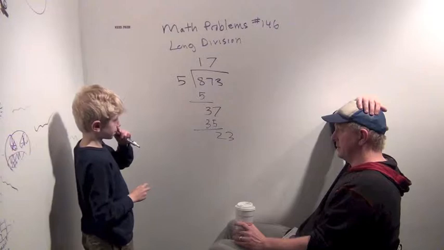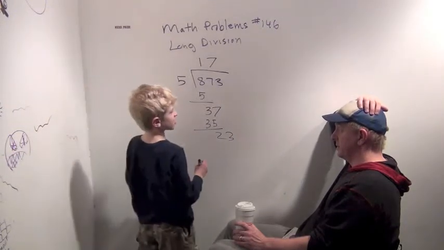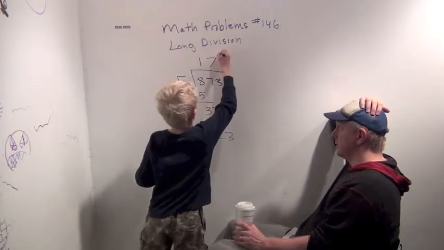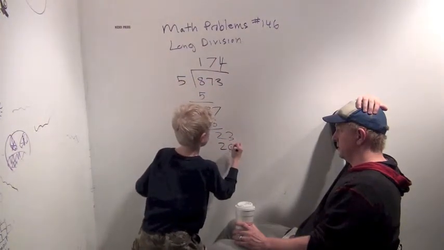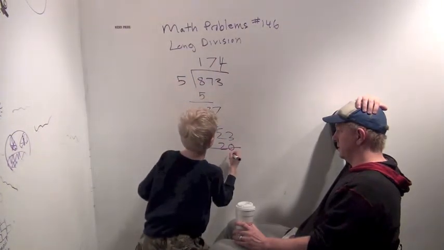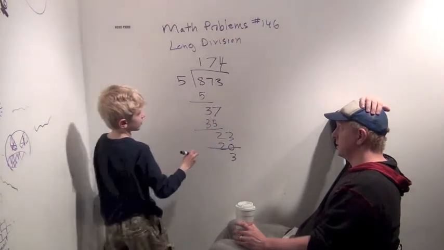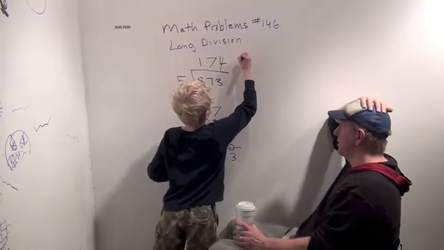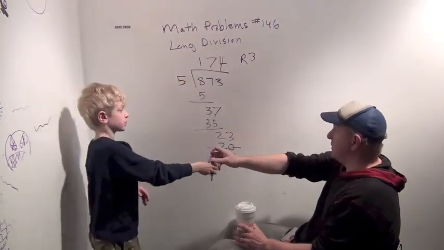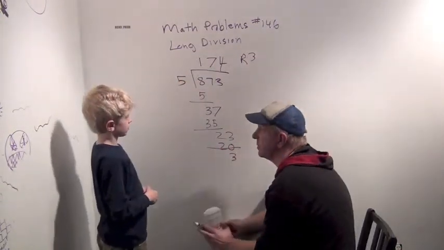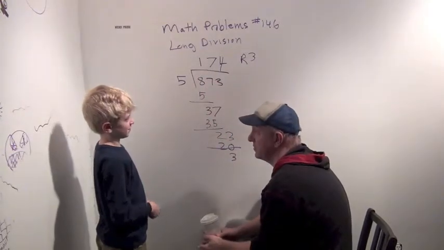Then this goes into it 4 times, and the 4 goes up here. And this is 20. You subtract and you get 3, and that's the remainder. You can write that up there. Remainder 3.